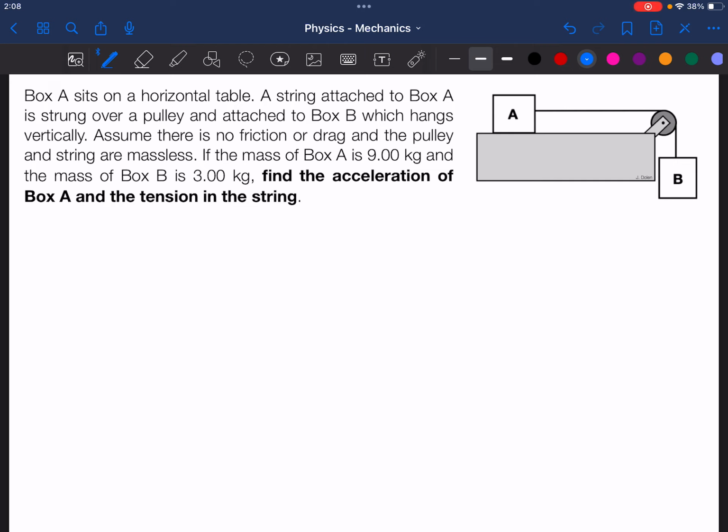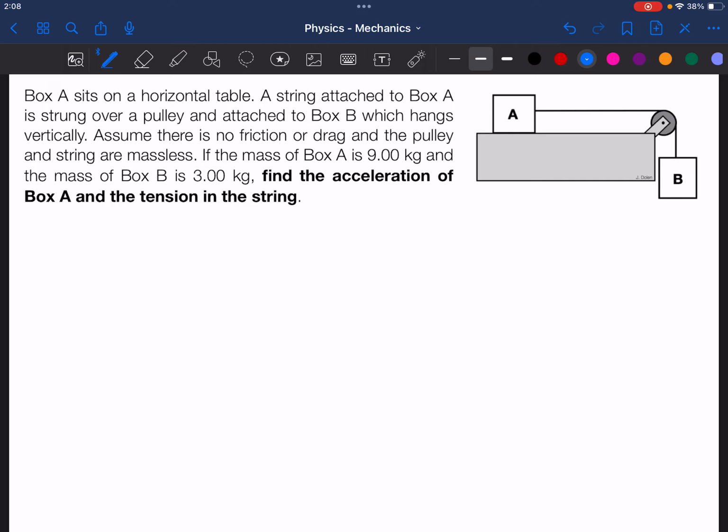Also, to find acceleration, we know that in order to have acceleration, there has to be a net force on something. So again, acceleration is one of the key parts of Newton's laws. That leads us to using Newton's laws in our solution. So let's go ahead and think about how we're going to start this.